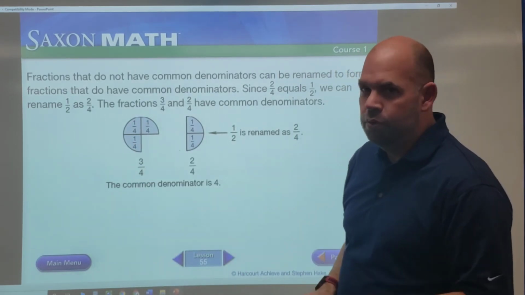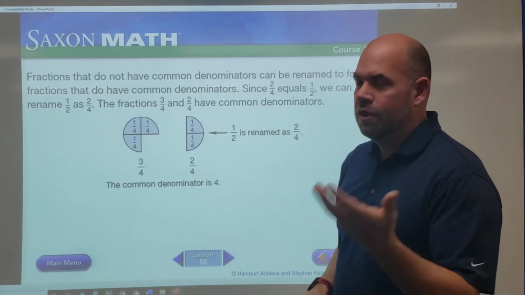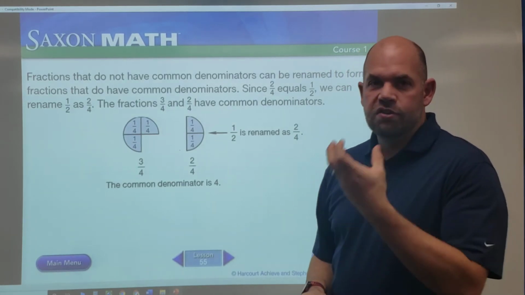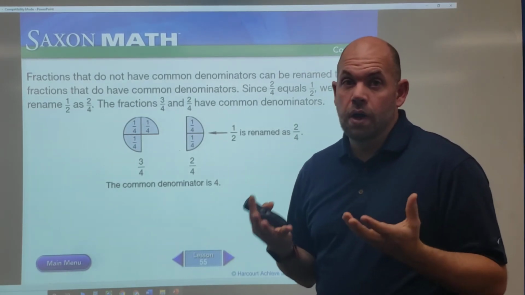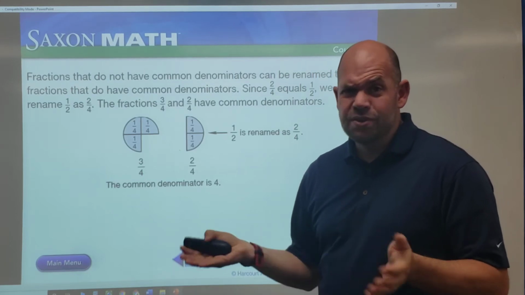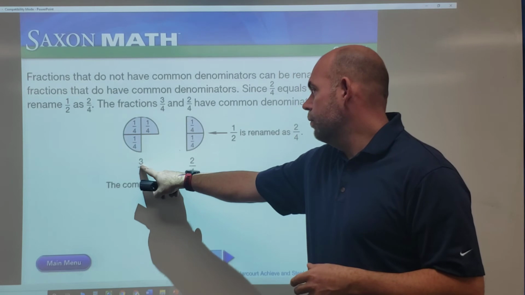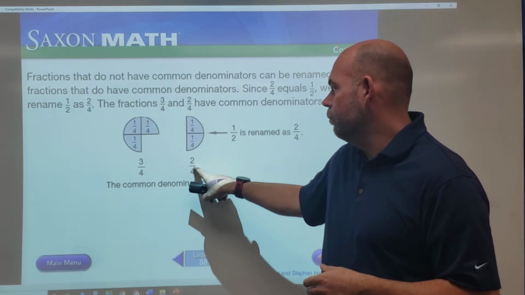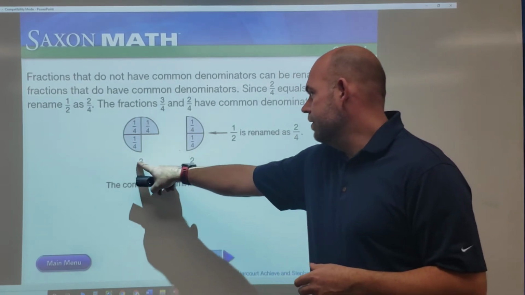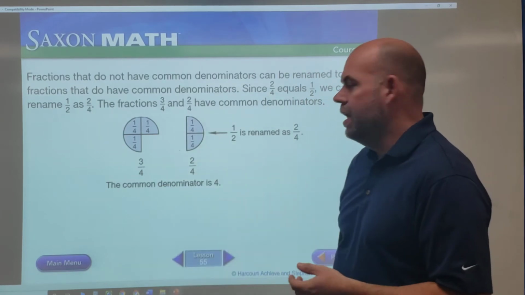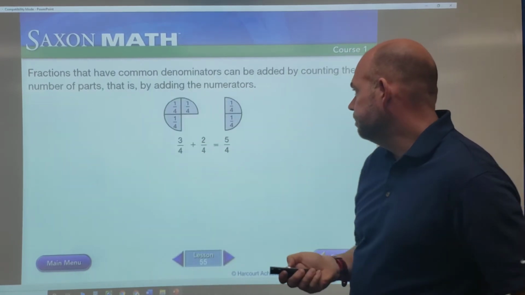So 2 times 2 on the bottom turns into 4, 2 times 1 on the top turns into 2. So we're just going to take it, multiply it by 1, right? We can do that to any number, and that's going to help us get 2/4 instead of 1/2. And now we can subtract 2/4 from 3/4, and that will leave us with 1/4.